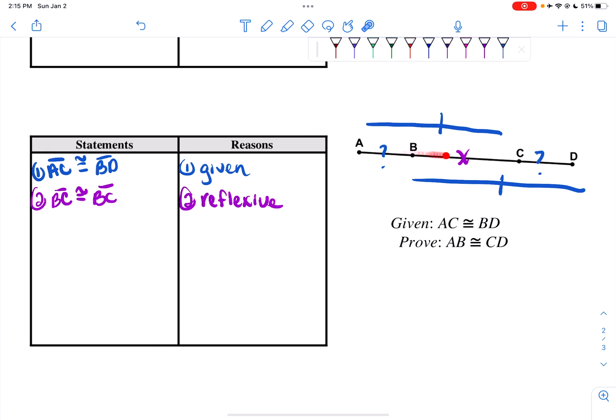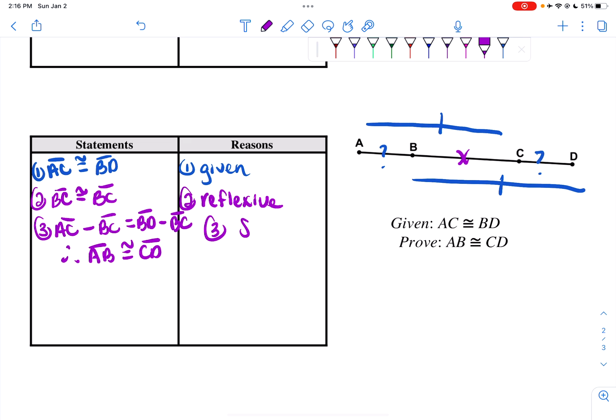So I have my whole segment of AC minus my reflexive piece of BC, and that's equal to my whole segment of BD minus BC. Now, I can say AB is congruent to CD. And this is by subtraction.